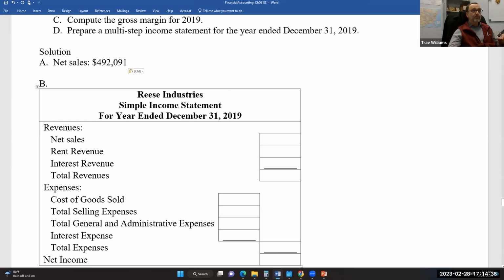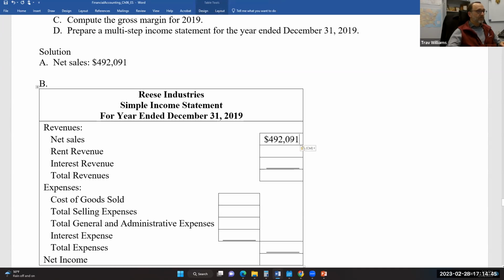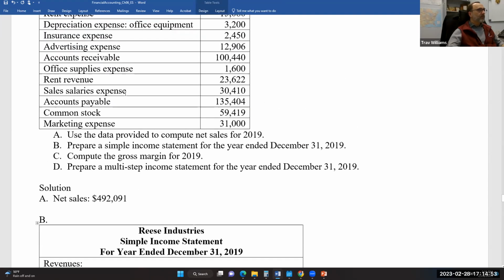Now, a simple income statement. This is a more typical income statement from what we've seen in the past. Okay, it starts with net sales. Then you have your rent revenue and your interest revenue. Okay, let's go ahead and include those.